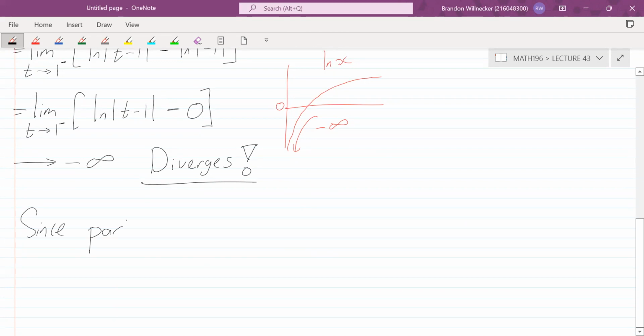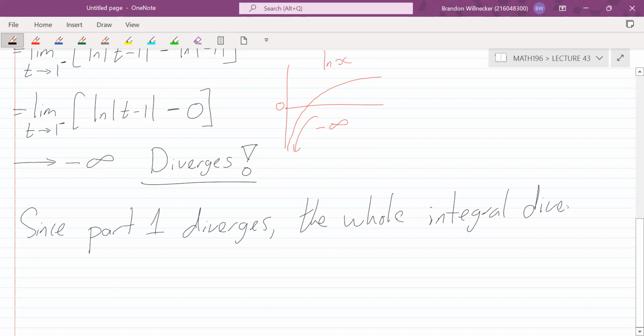So since part 1 diverges, the whole integral diverges. Okay, so the integral from 0 to 3, 1 over x minus 1 dx diverges.